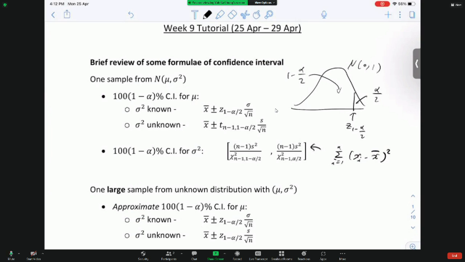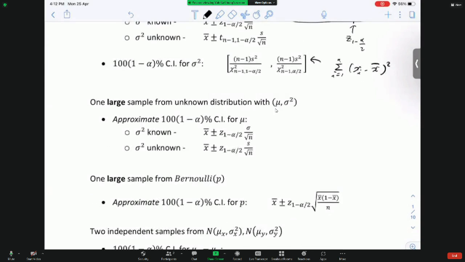So these two numbers will be the lower alpha over 2 quantile and the upper quantile. So this is the chi-square n minus 1 distribution. We have these numbers: this is chi-square n minus 1, 1 minus alpha over 2, and this one represents chi-square n minus 1, alpha over 2.